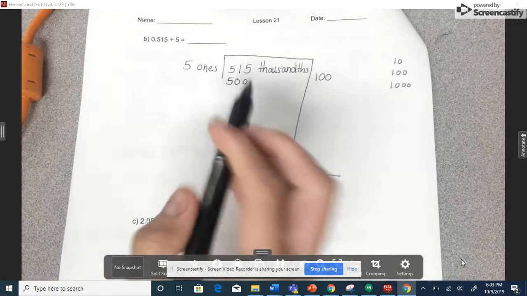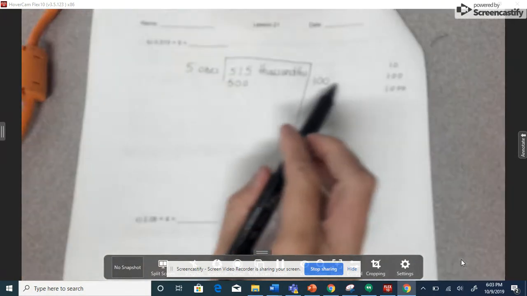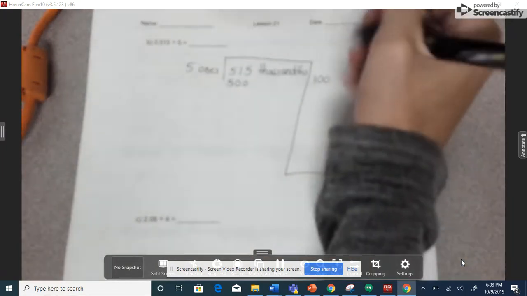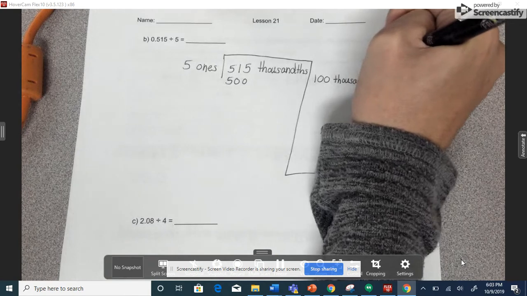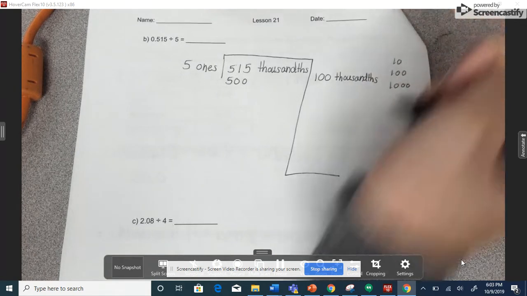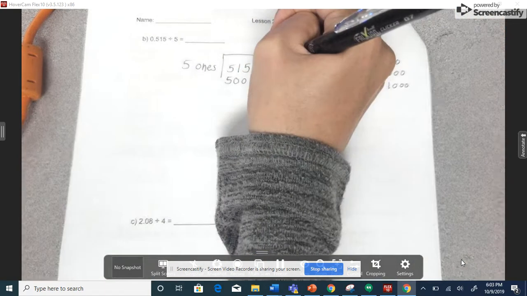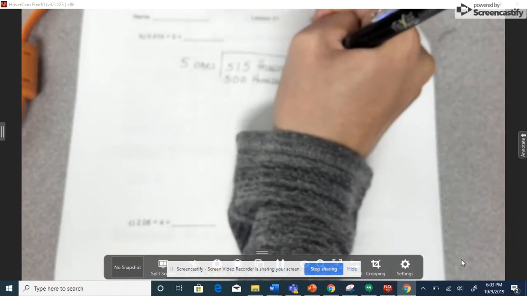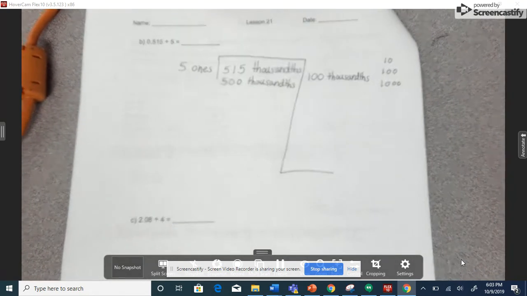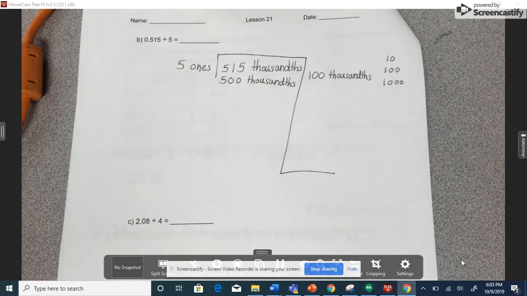I need to get to thousands. So ones times thousands is going to get us the thousands that we're in. So 5 ones times 100 thousandths equals 500 thousandths.